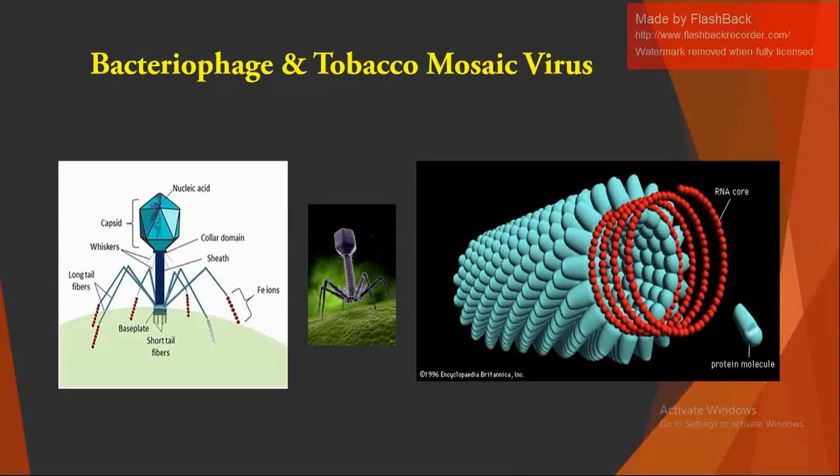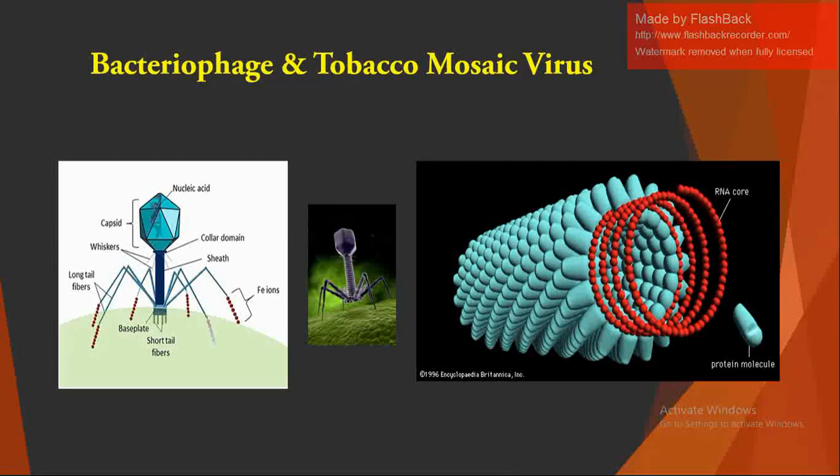The speciality of this virus is that it contains an RNA core, the RNA molecule as the central part, and it has many bunches of proteins called capsomeres. Okay, each one is called a capsomere, and the complete set is called the capsid.